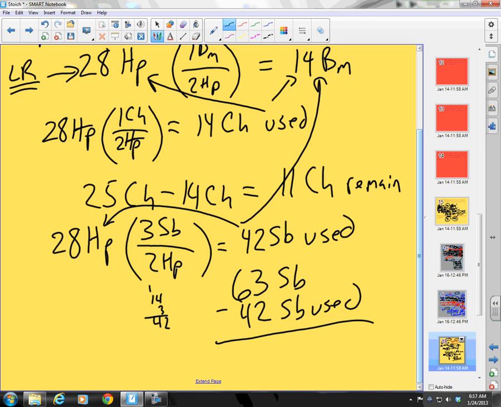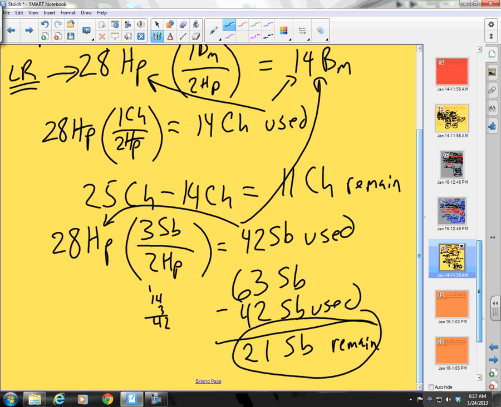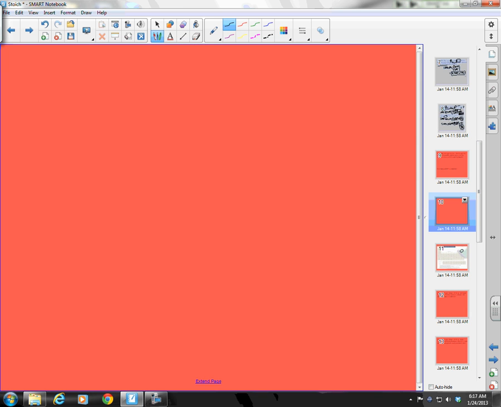And what does that leave me with? Looks to me like I have 21 slices of bread left over, which remain. Hey, there we go. So we figure out how much excess, how much of my cheese and bun are left over. Great. Well, that's exactly what we do in stoichiometry.